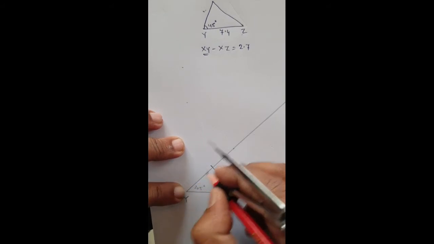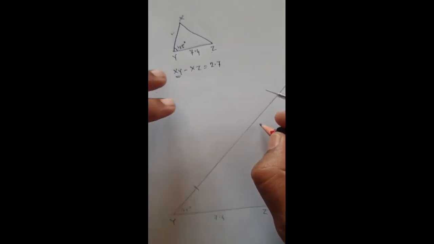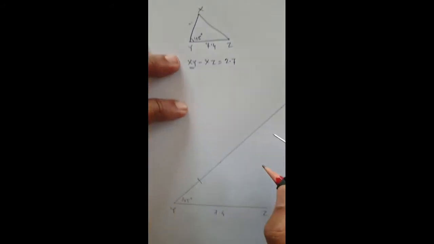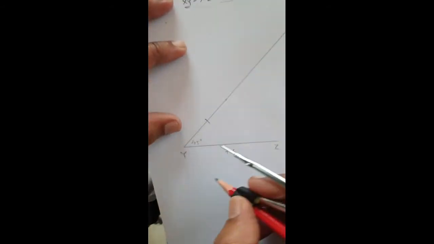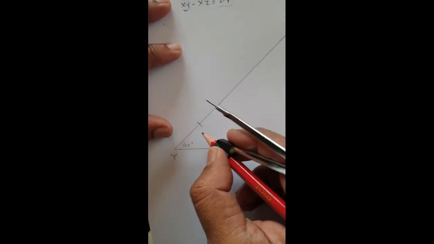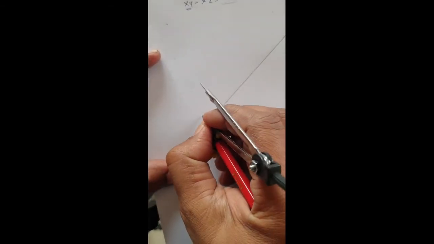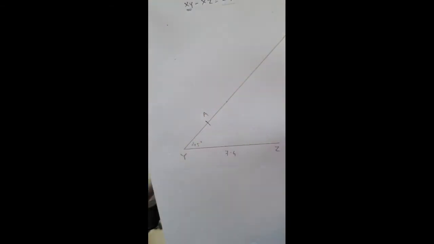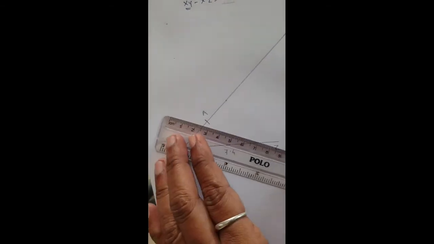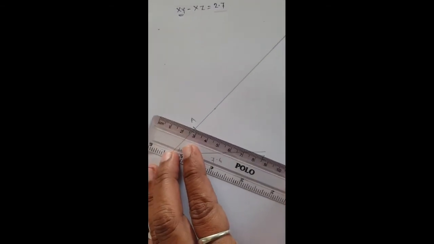So if this side XY is greater, you need to take the difference on this angle in the upward direction. Keep in mind. So write any name, we'll say here A. Other than XYZ, use any alphabet, not an issue.